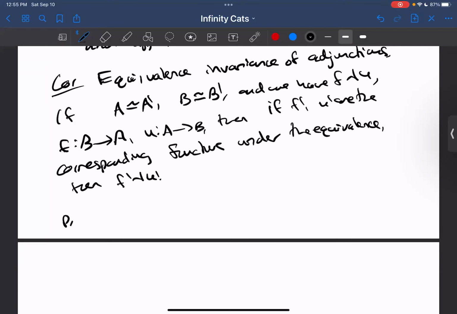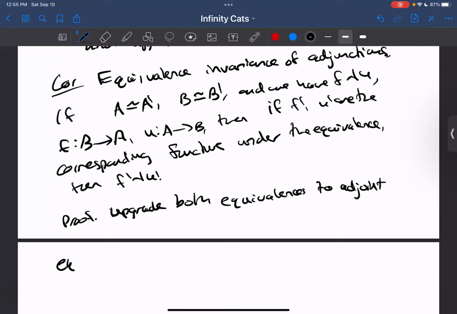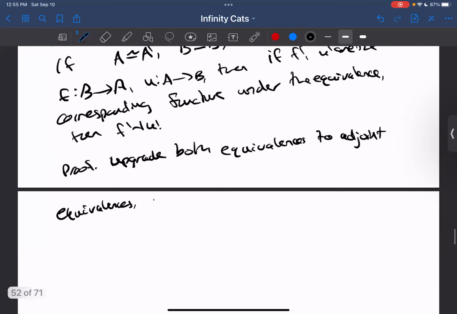And the proof is upgrade both equivalences to adjoint equivalences. And use the fact that adjunctions compose.